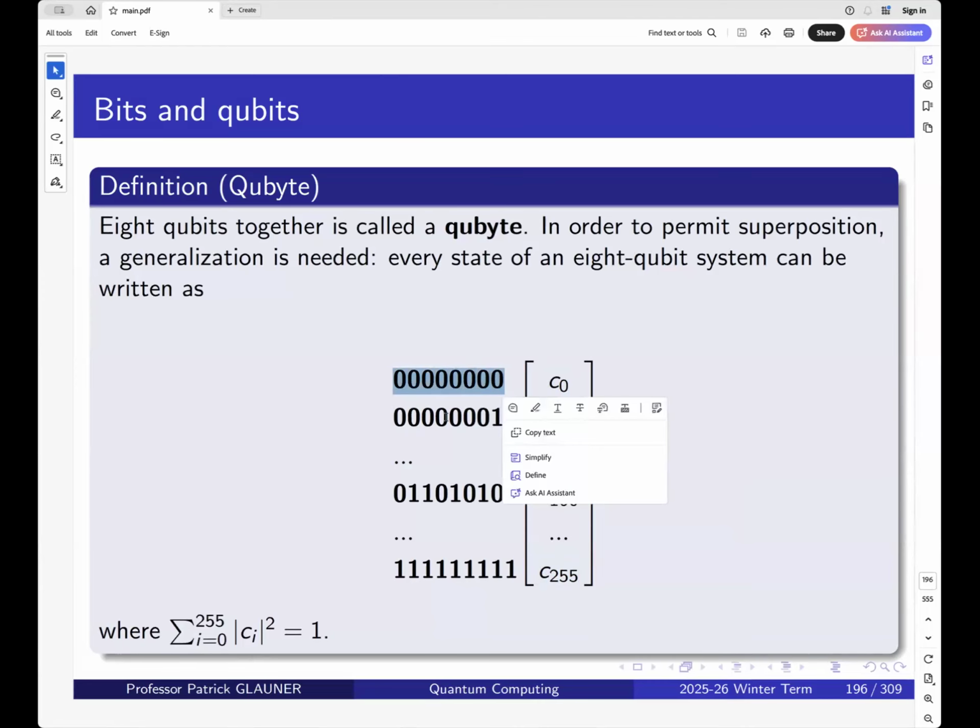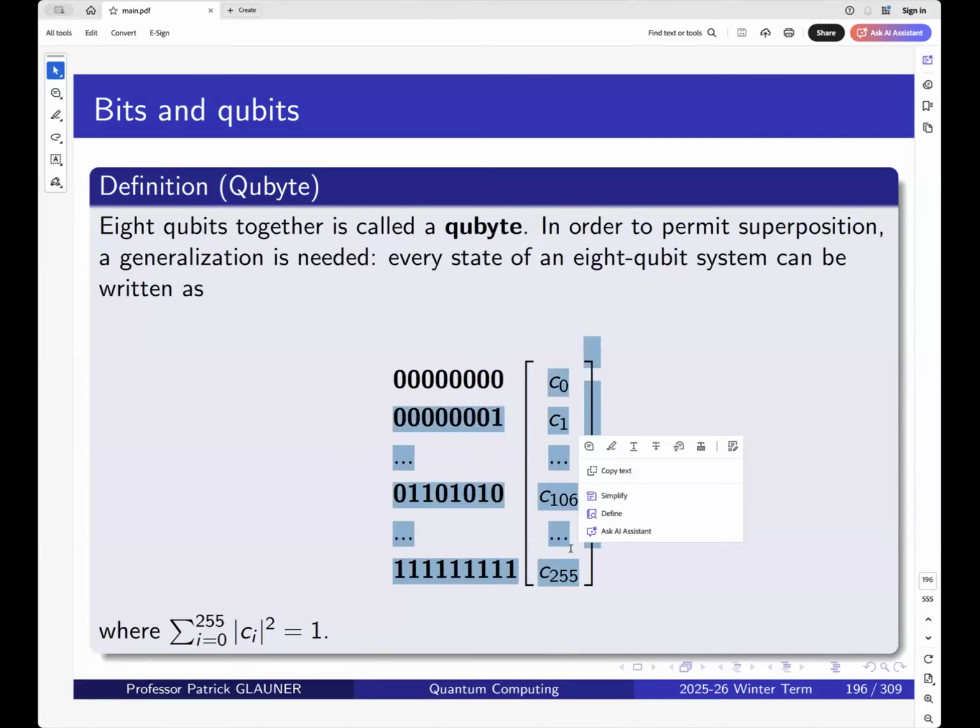Down here or to the left, I only have a comment, and we will probably see this notation later in greater detail, what these comments mean with multiple qubits. But this helps me to enumerate them and to look at each qubit at a time, at which one I look at. We will see this later.